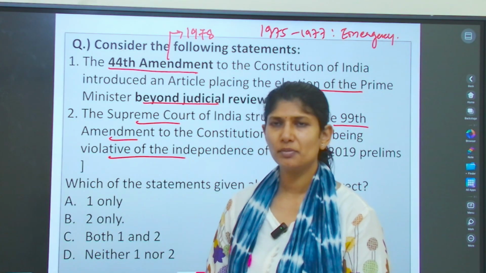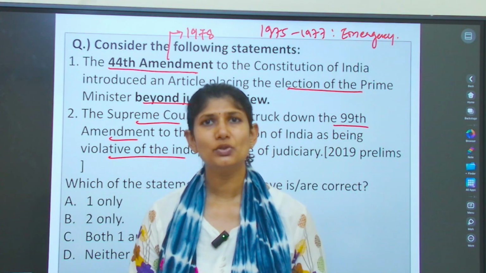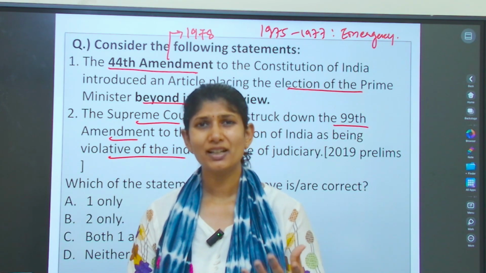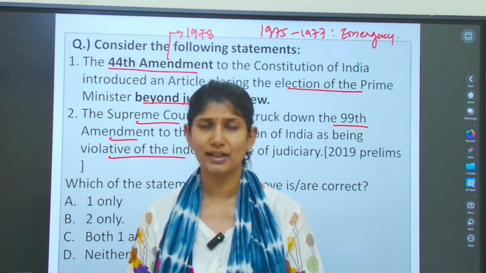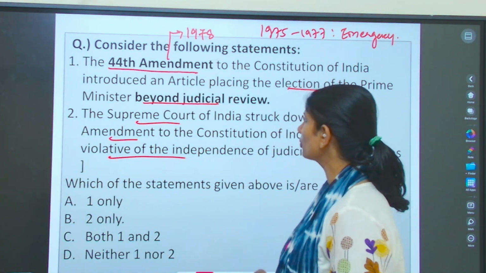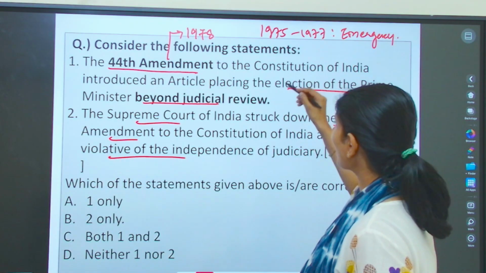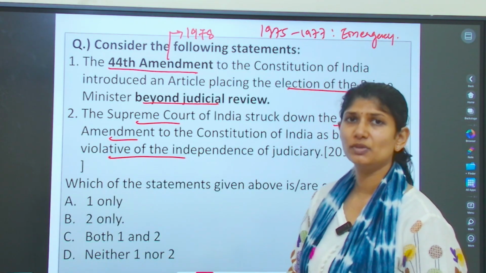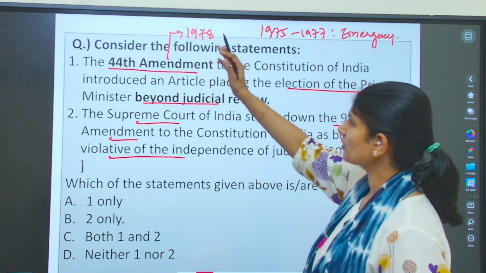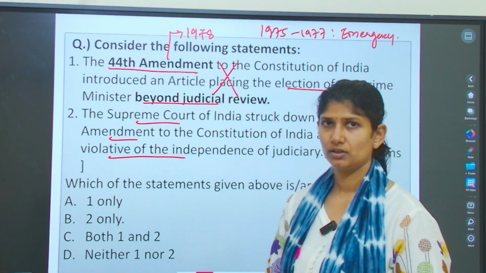And 44th Amendment is usually regarded as the amendment which tried to reduce the erroneous concepts, or more of a recourse back to the action kind of amendment. So, do you think that 44th Amendment would have told that election of Prime Minister is beyond judicial review? No, this has to be something from the emergency provision period of time. So this is post-emergency, which means it is a corrective action. So this statement will be wrong.